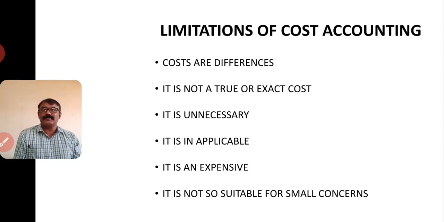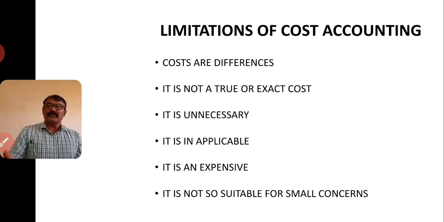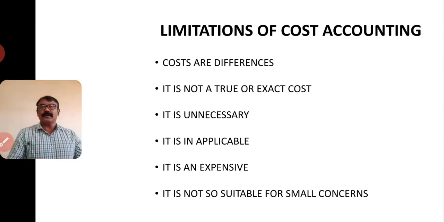And it is expensive. Yes, it is more expensive, as I told you previously, because it is unnecessary. Why is it expensive? Because we are adopting a separate unit. We have already adopted financial accounting. We prepare the profit and loss account and balance sheet every year, and we come to know how much profit or loss the whole organization has made.